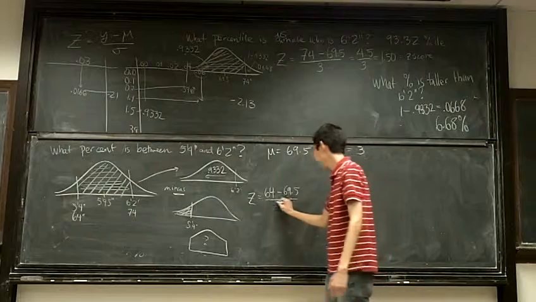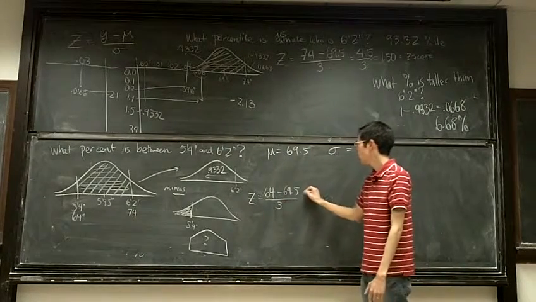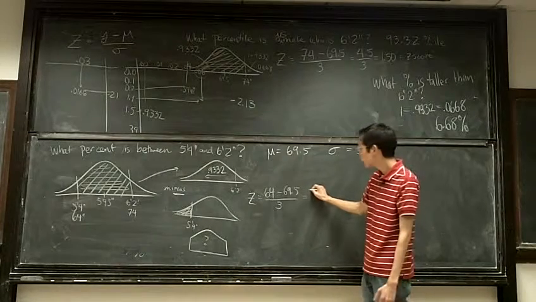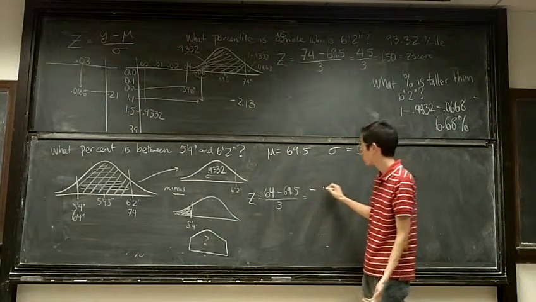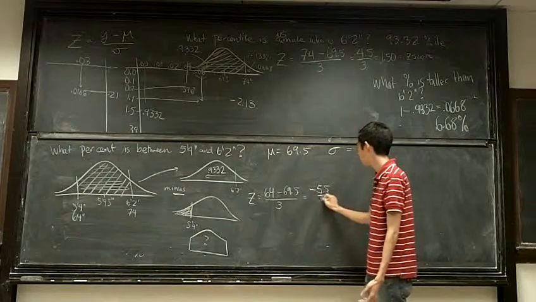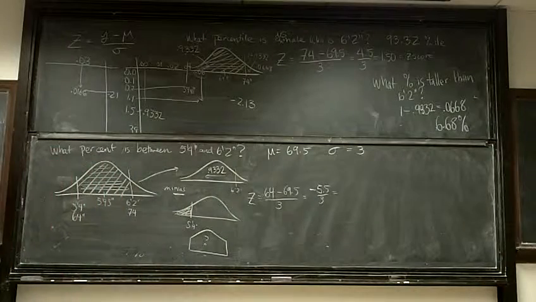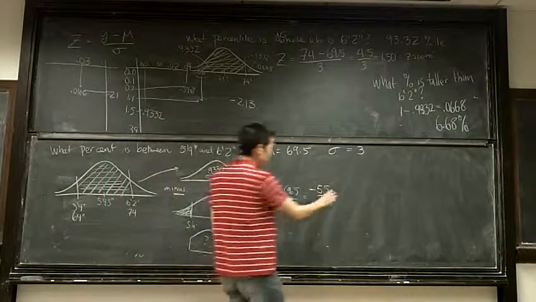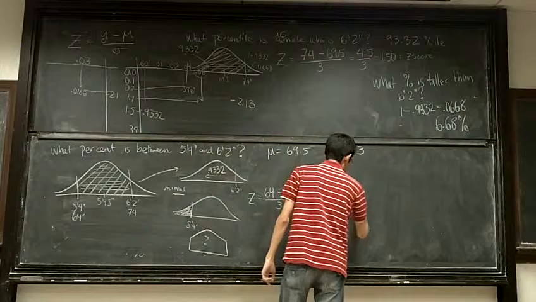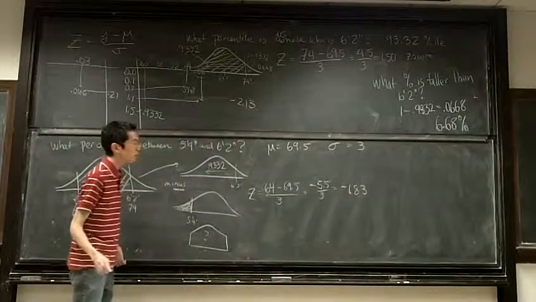We're going to have a negative z-score, which makes sense because we're below the mean. Anytime we're below the mean, we have a negative z-score. Negative 5.5 divided by 3 comes out to negative 1.83. So we have the cutoff at negative 1.83.